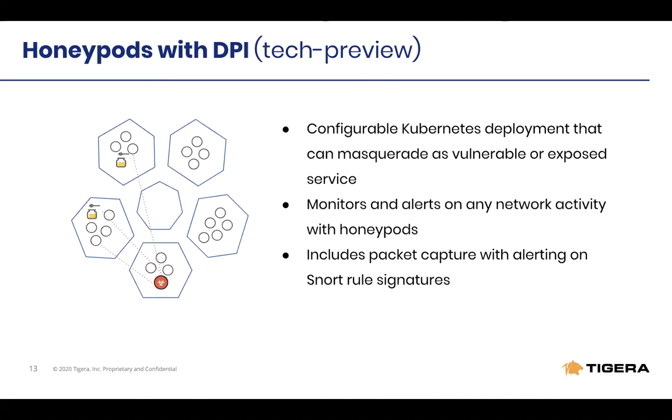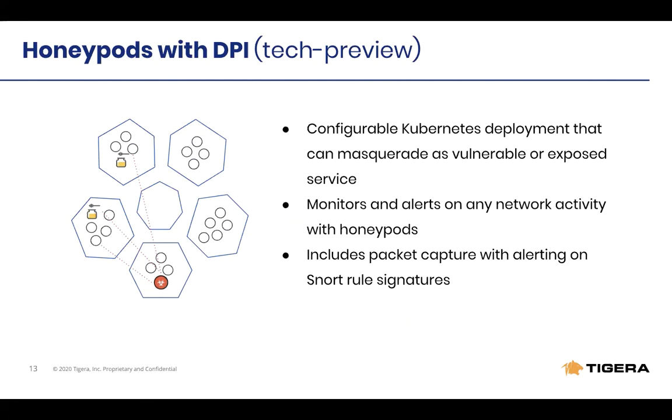And so we monitor and alert, and we provide a set of dashboards specifically for honeypod deployments. So you have visibility if some pod within your cluster is compromised and is attempting lateral movement and it hits one of these honeypods. It's effectively a tripwire that lets you know there's something worth taking a closer look at within your cluster.